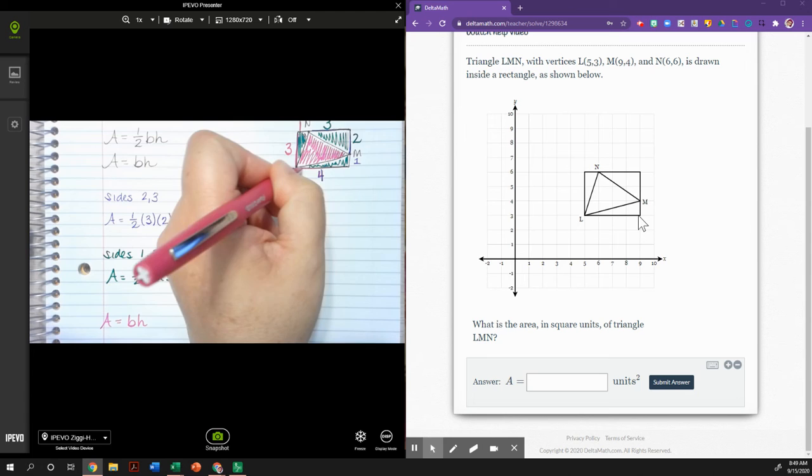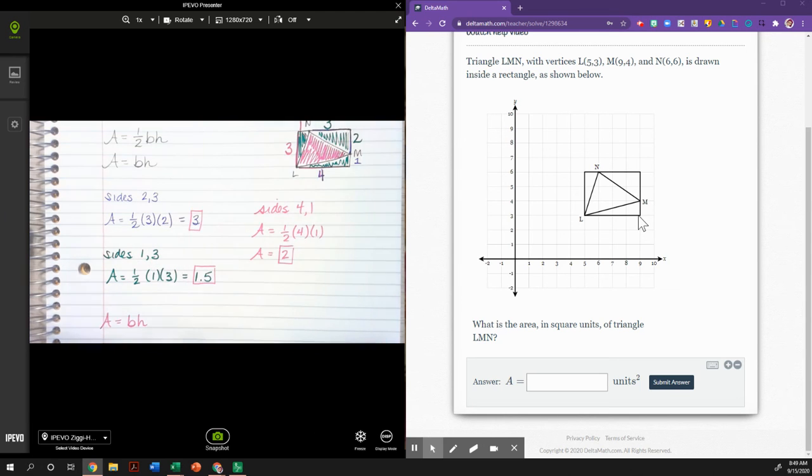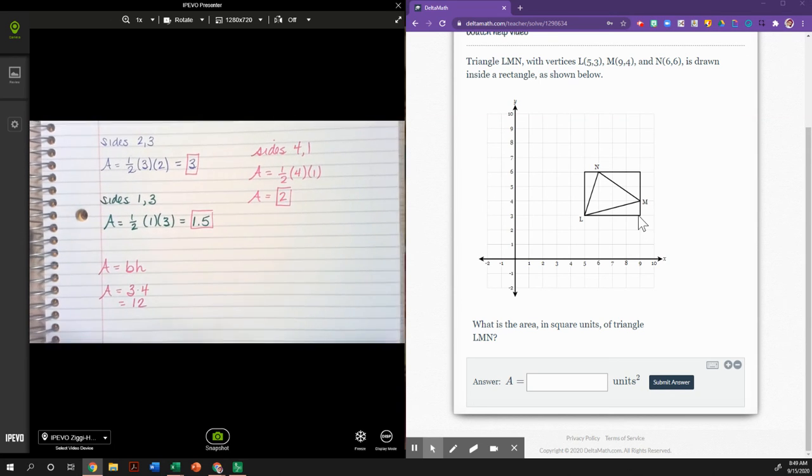And I have a complete side of 4, or 1 plus 3 is 4. So area equals 3 times 4, which equals 12. Okay? All right, so now what I'm going to do is take the area of the rectangle, and I'm going to subtract the area of the 3 triangles.